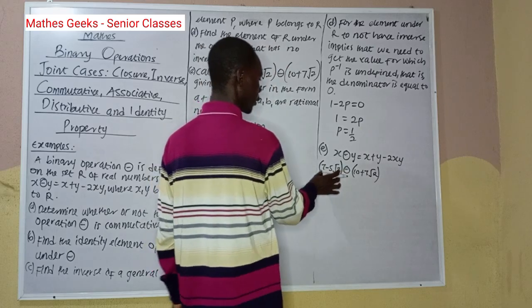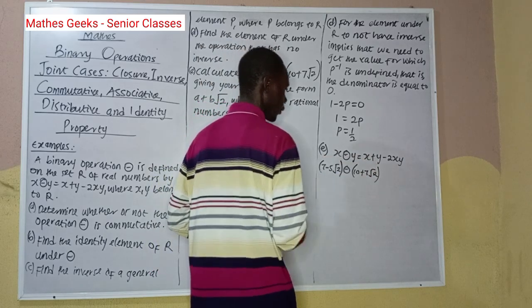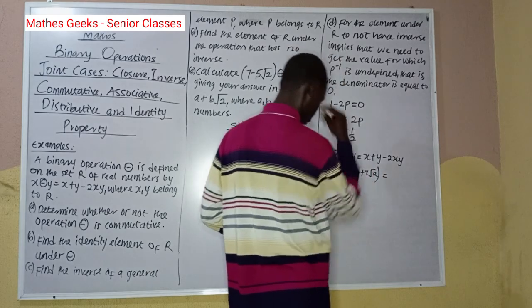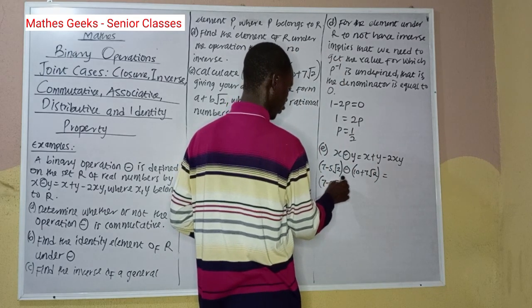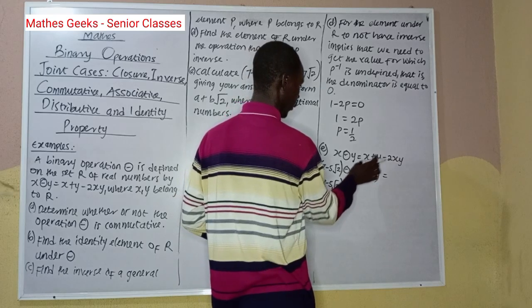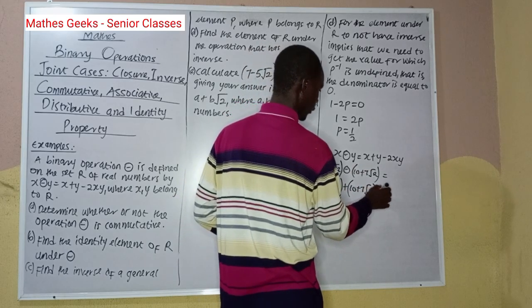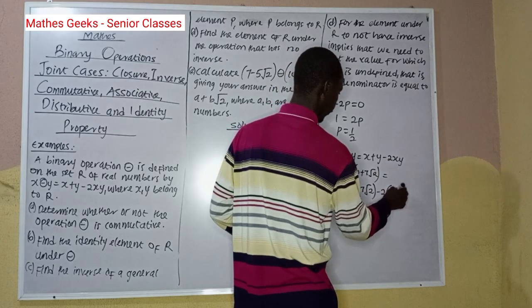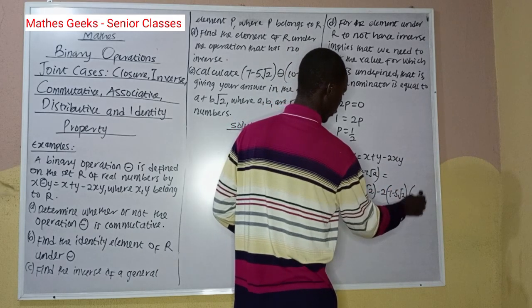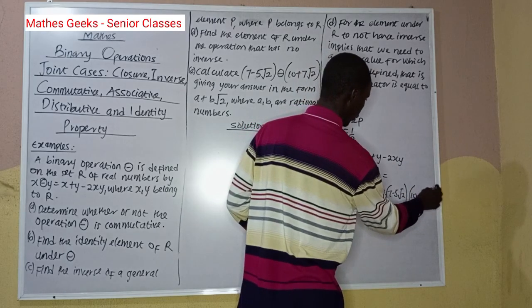So here 7 minus 5 root 2 is x, 10 plus 7 root 2 is y. So this will give us x is 7 minus 5 root 2 plus y is 10 plus 7 root 2 minus 2, and x is 7 minus 5 root 2 bracket y 10 plus 7 root 2.